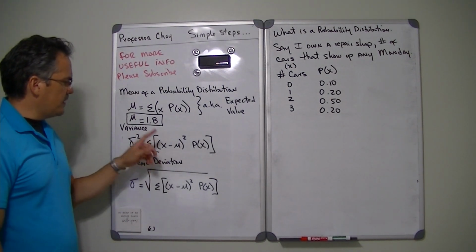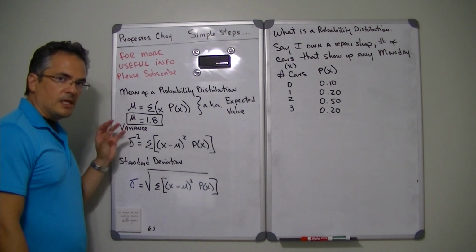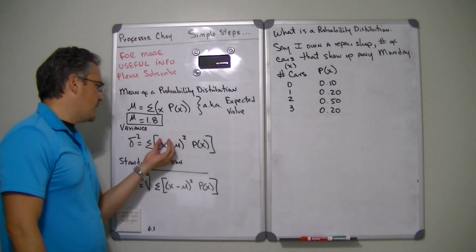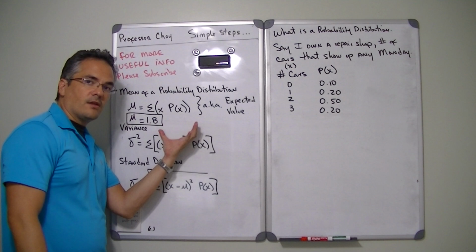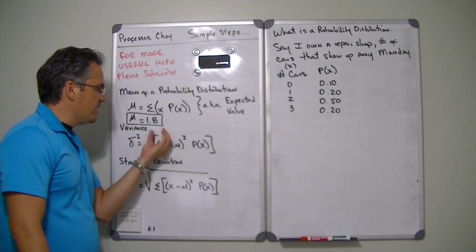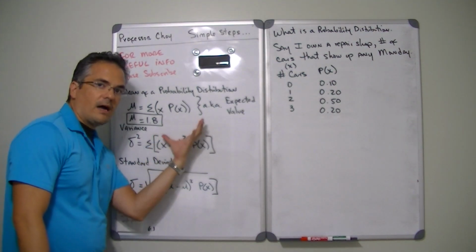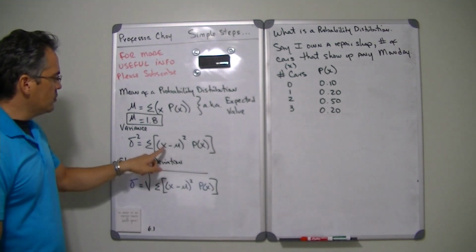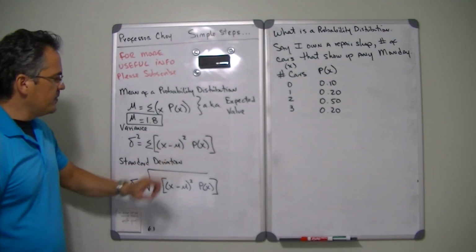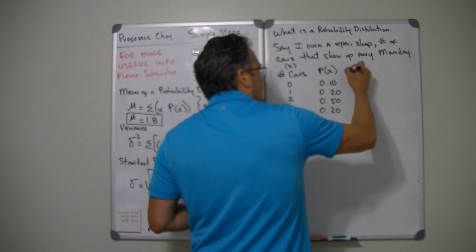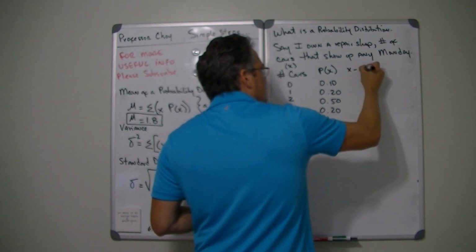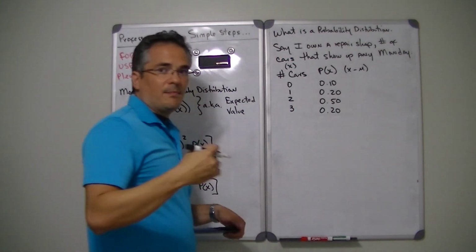So every time you're solving these formulas, it's useful to go from the inside of the formula to the outside. Alright, so you start with the inside stuff and then you move out. So the first thing we're going to do is x minus mu. I like to write it down, x minus mu, just so that I know what step I'm in.